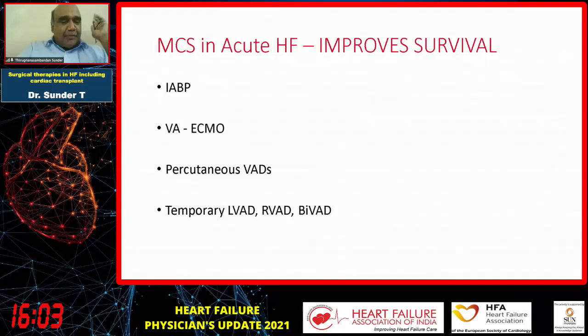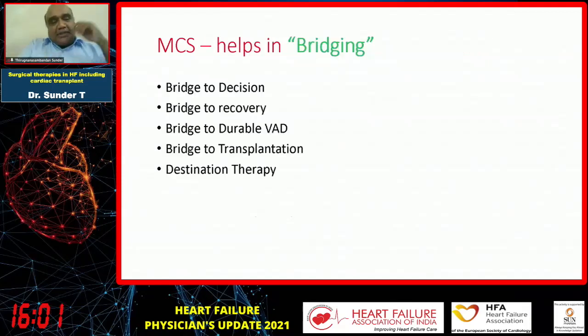Now, what does mechanical circulatory support help us with? It helps us to bridge a lot of things. Let's say there was a patient with an acute myocardial infarction. He develops ventricular fibrillation and has a cardiac arrest. We have done cardiopulmonary resuscitation, and there has been no return of circulation. We put on a percutaneous ECMO.